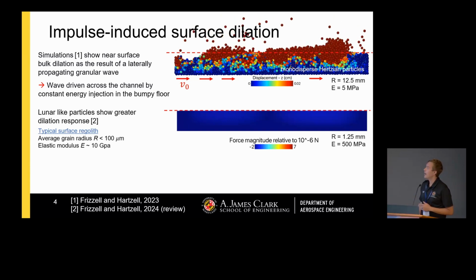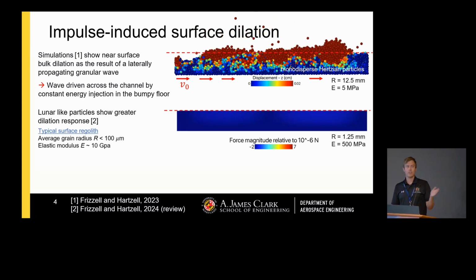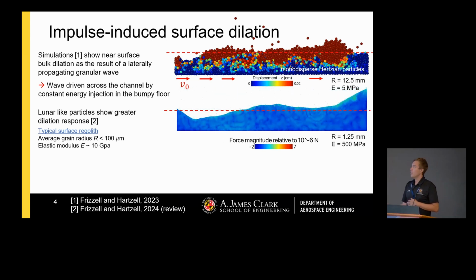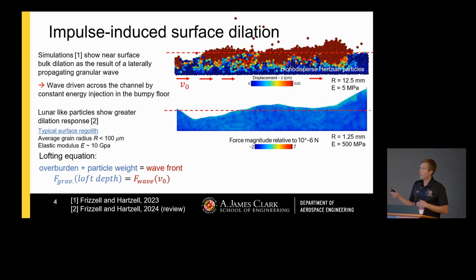And so as we move towards filling our channels with particles that look more like lunar regolith, so larger elastic modulus and smaller particle size, we get more dilation response. And through all this work we were able to do two things. We came up with a way to predict the force in that wavefront that a particle feels based on that velocity I'm driving across the floor.